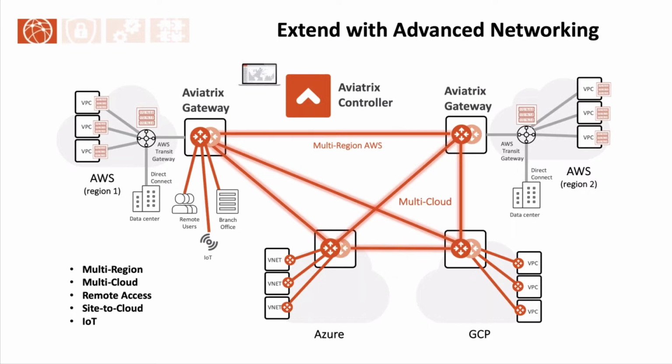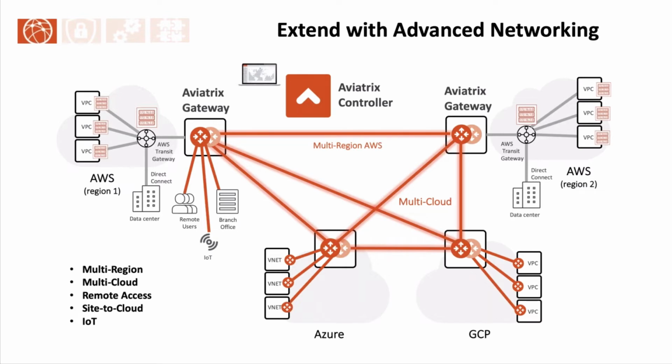And you can see there off on the left, this is where we will add remote users to talk to this, branch offices, IoT devices, all of the things that you want to connect into this multi-cloud backbone will do that connectivity through these advanced networking features that we're providing and manage all of the route propagation that goes on there.